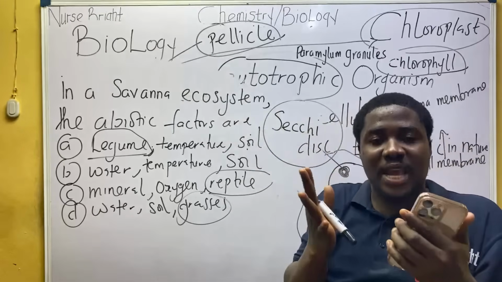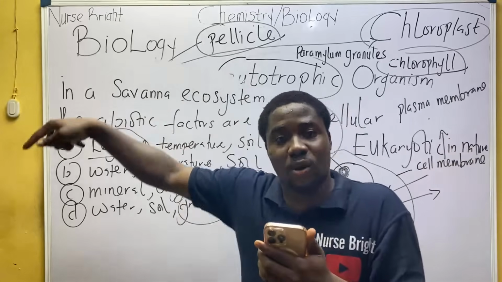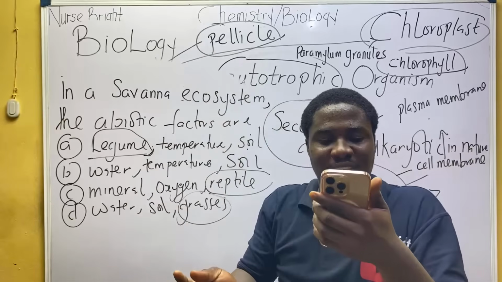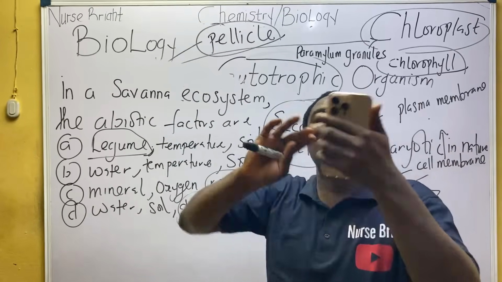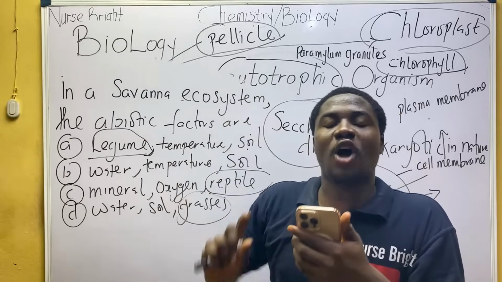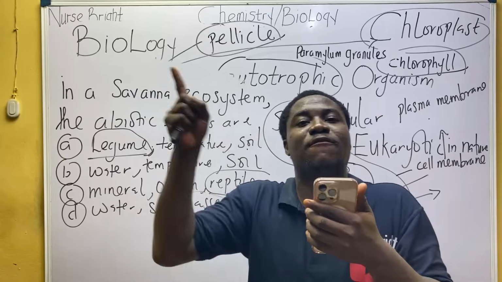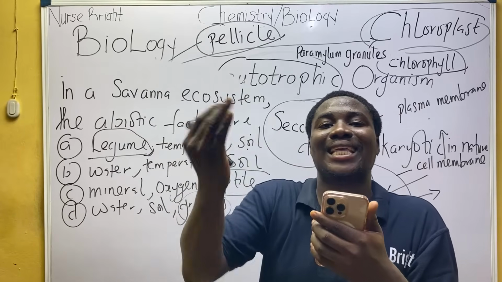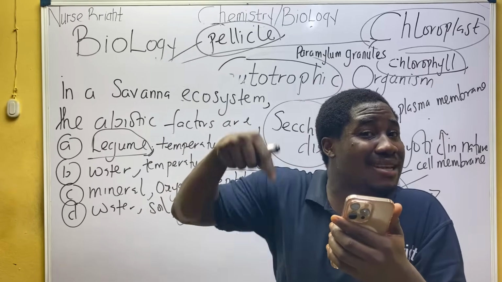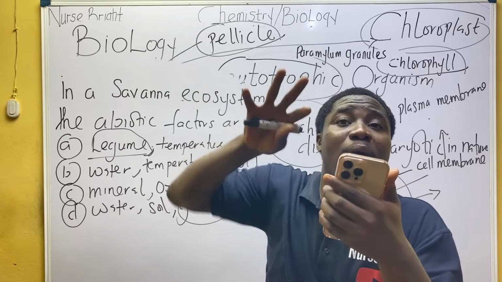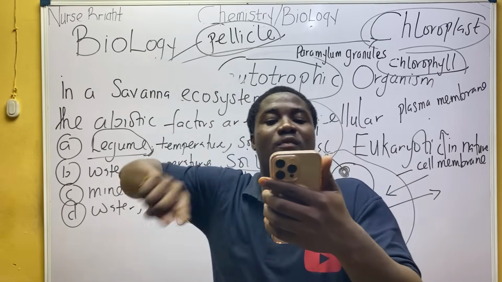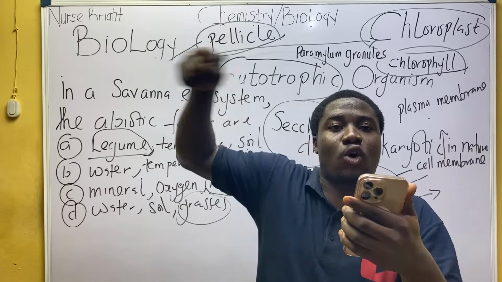The way an organism behaves, which affects the survival of another organism in a particular habitat, which is the dwelling place of an organism, constitutes what? Does it constitute abiotic factors? Anything abiotic does not have life. But they said an activity of an organism, and an organism means that thing has life.